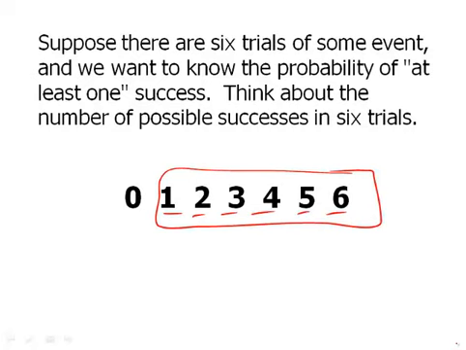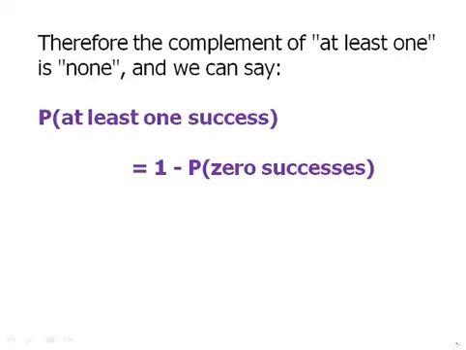Well, what's the complement of that set? What's the part of the whole set not included in that box? Well, of course, the complement of that is just 0. And that is always the only case that is not included in the phrase "at least one." So this is a huge idea. The complement of at least 1 is none.